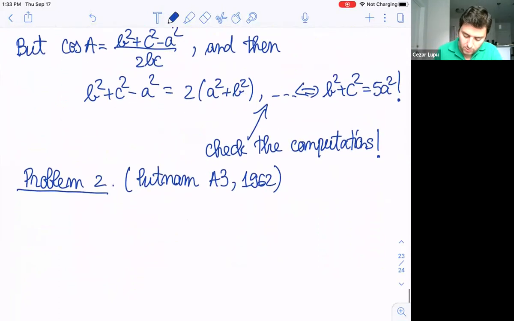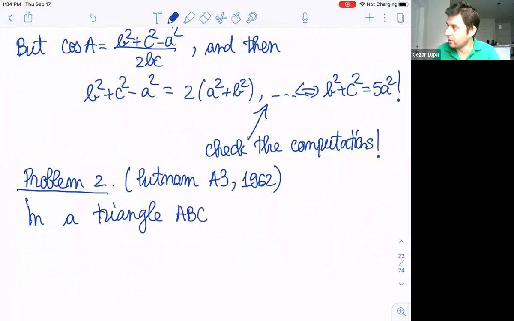Well, it would be better if I draw a picture, but let's write it. In a triangle ABC. Okay, I'm just going to write it the way it was stated in the exam.